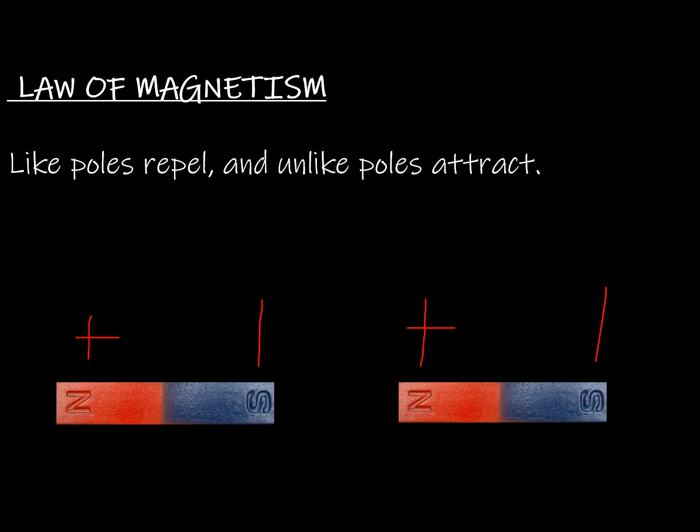But if this south pole comes close to this north pole, they will attract. Why? Because they are unlike, they are different poles. So this and this will attract, but this north pole and this north pole will repel. This south pole and this south pole will repel. So that's all you need to know about the law of magnetism.